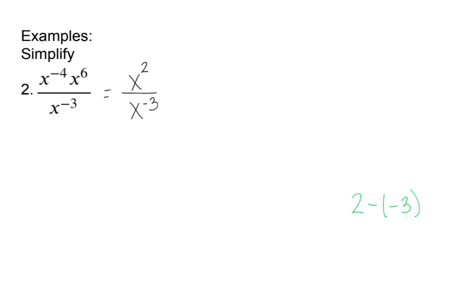So it actually ends up being 2 plus 3 or 5. Now technically we subtracted them, but there was a little fancy math in there that ended up making it that 5. So back over here, the new exponent, when we put them together, is going to be 5. Now I've smushed everything together that I can smush together, and I don't have any negative exponents, so that's how I know I'm done.